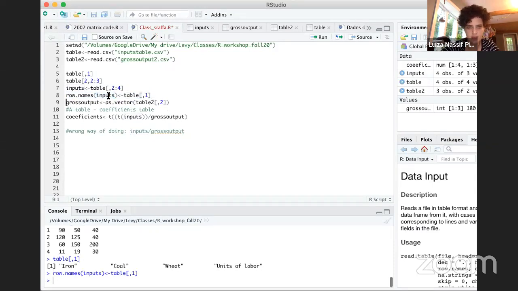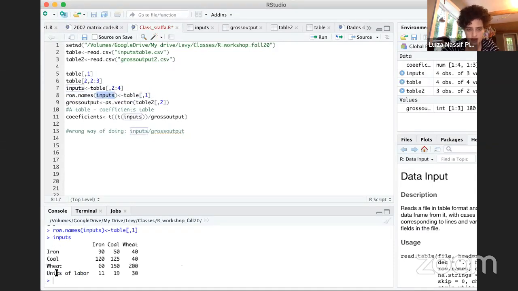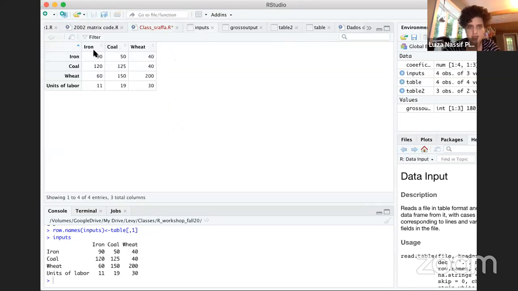So when I do that, my inputs now have the names. The difference is this is not a column anymore. This is actually the names of the rows. So when you look into inputs here, you see this is names. When you look into table, the first column was the names.